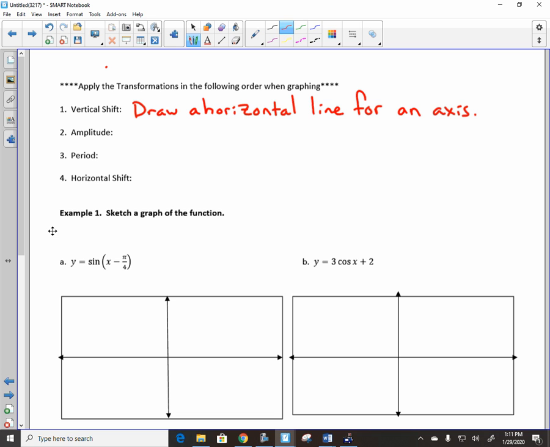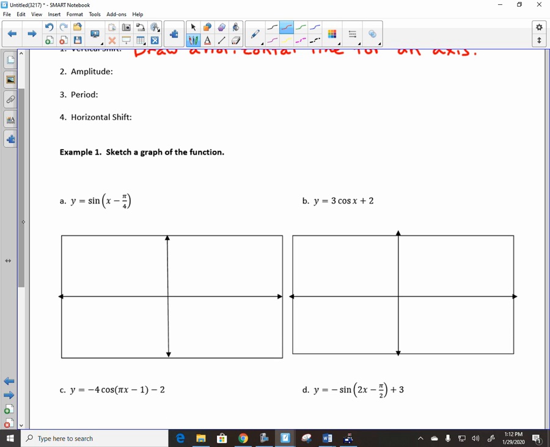When you have a vertical shift, draw a horizontal line for your new axis. So your previous functions always kind of moved around the x-axis. These are not going to move around the x-axis. These are going to move around something different.